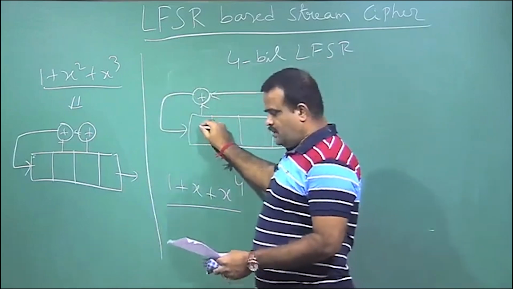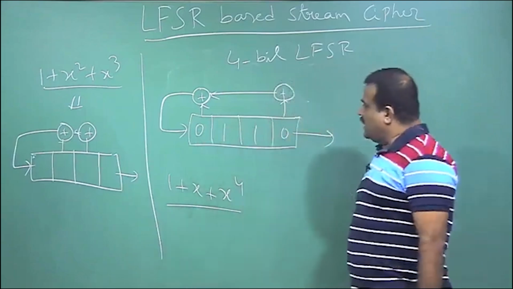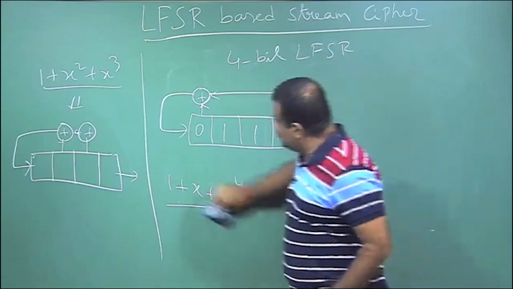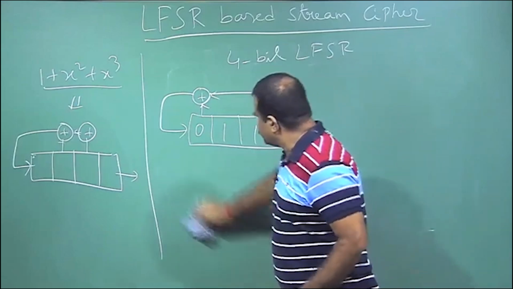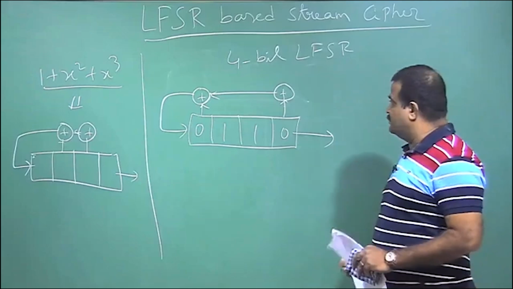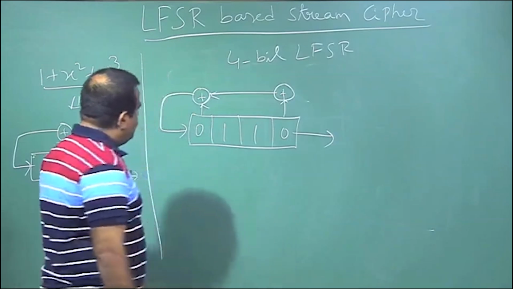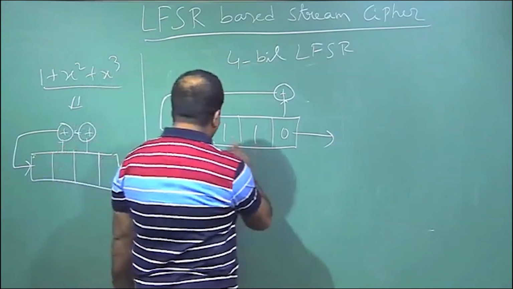Suppose this is the secret key shared between Alice and Bob, and we want to run this LFSR and get the key stream. If we do so, what values will we get?